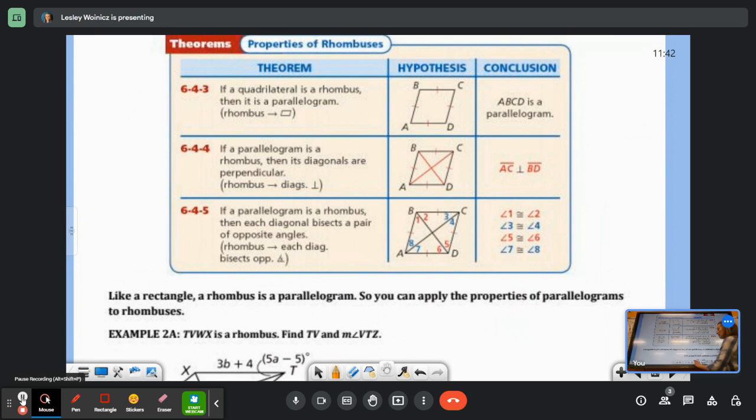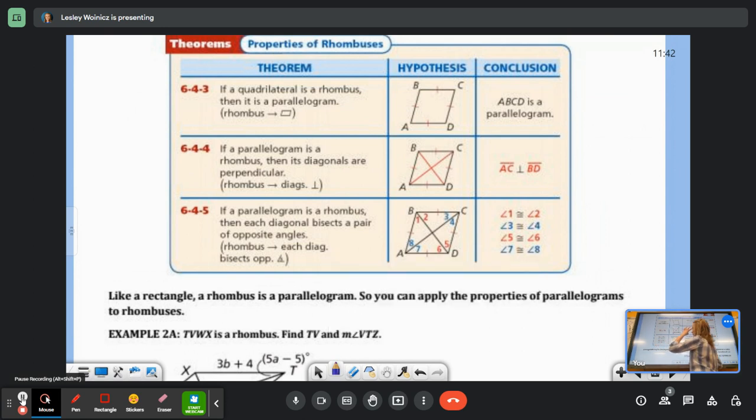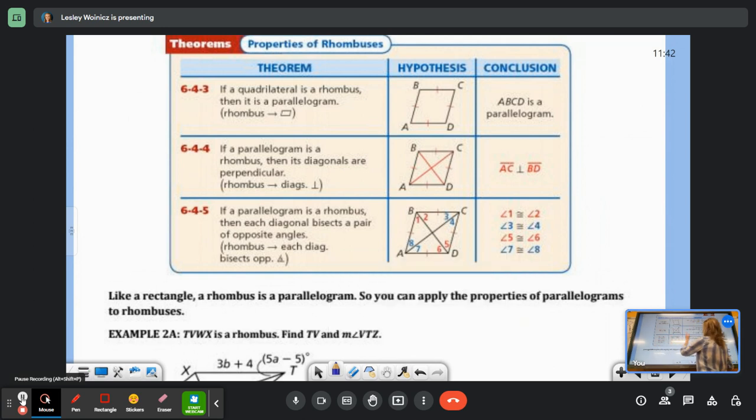So when we have a rhombus, the diagonals are perpendicular bisectors of these angles.